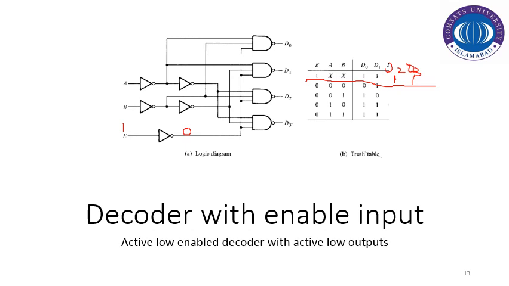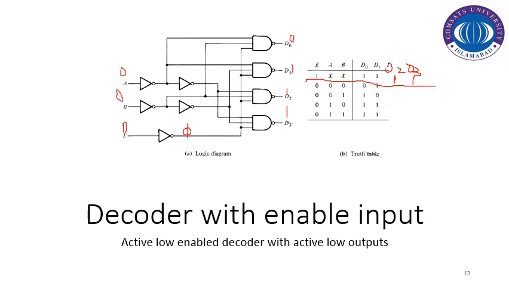But when we switch this enable to 0, this inversion makes it 1. Now the change in input is reflected at the output. When the inputs are 0, 0, D naught will be 0, and the rest of the outputs are switched to 1, and similarly for the rest of the cases as well.